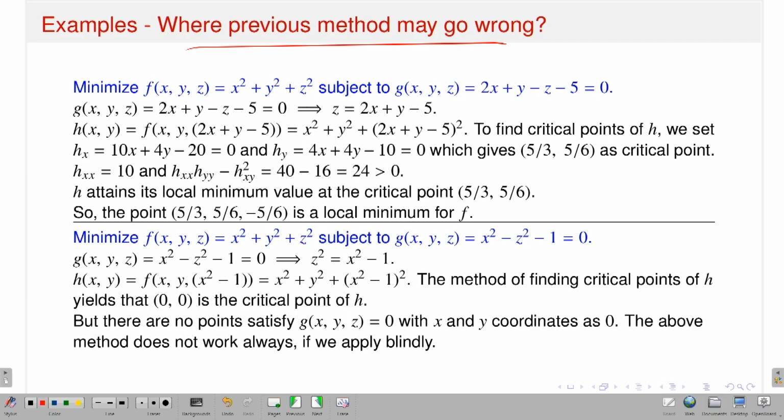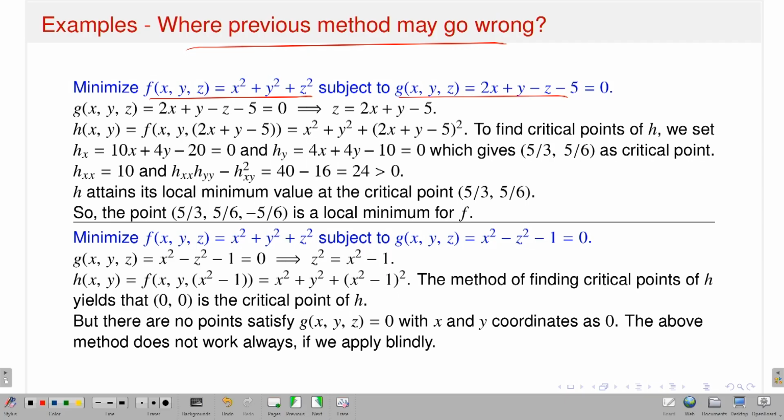Okay, so the first one: minimize the function f of x y z, which is x square plus y square plus z square, subject to the condition that g of x y z should be 0. So I want to minimize my function f at some points, and those points should satisfy that g of x y z is equal to 0.